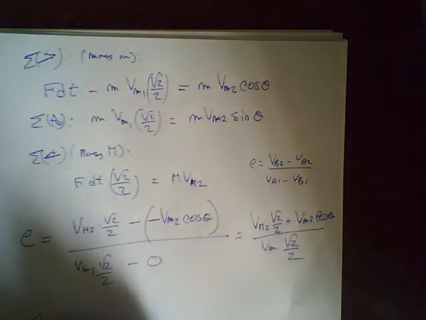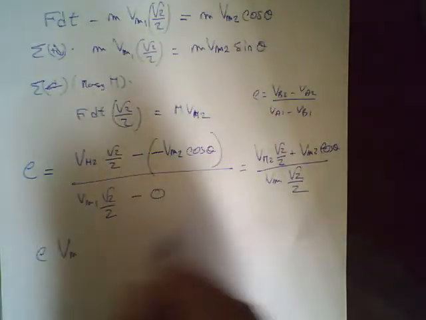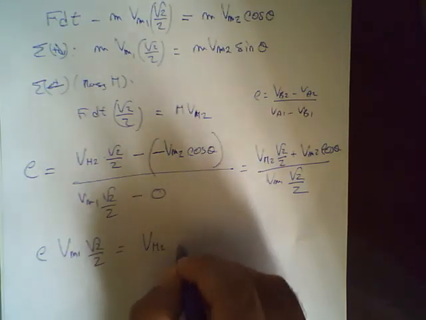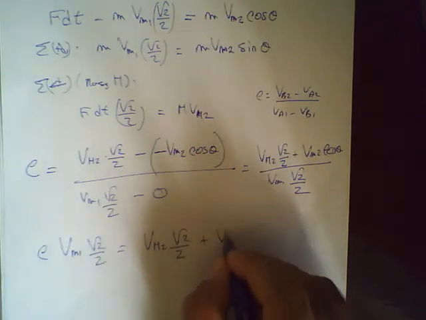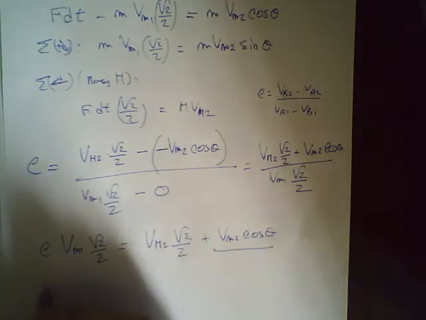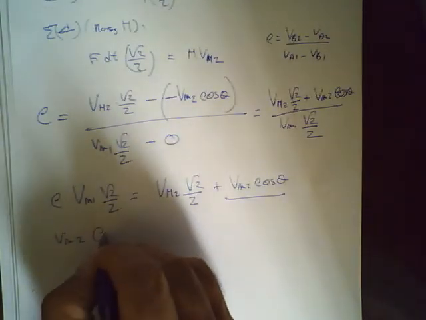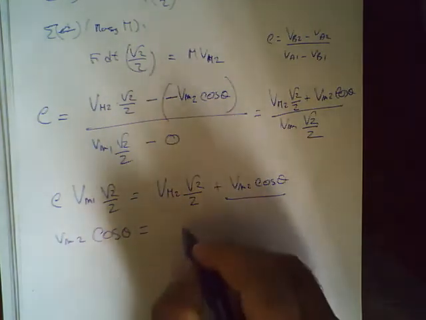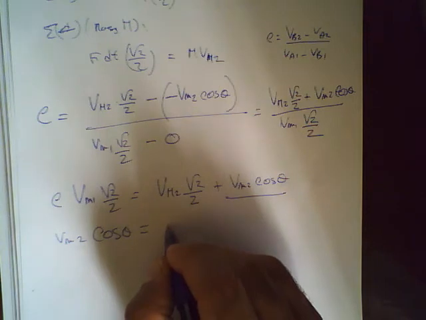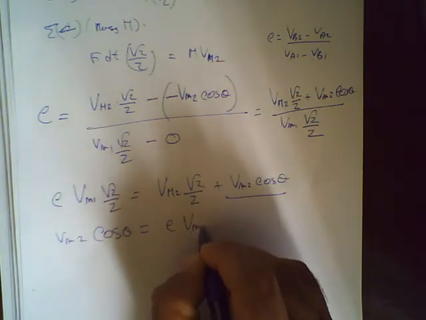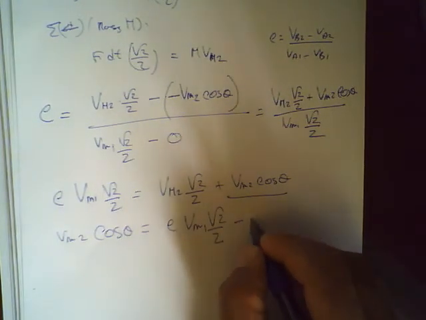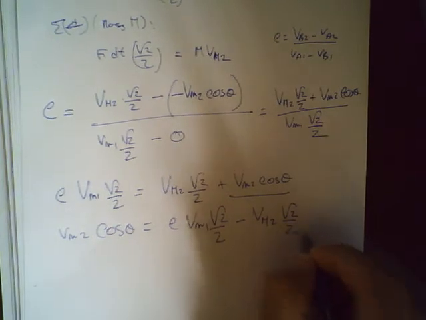So E multiplied by VM1 square root of 2 over 2 is going to be equal to VM2 square root of 2 over 2 plus VM2 cosine theta. So I'm going to take this guy, VM2 cosine theta, is going to be equal to E VM1 square root of 2 over 2 minus, alright.